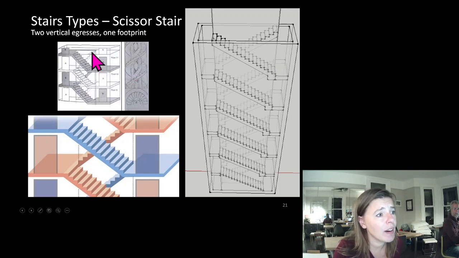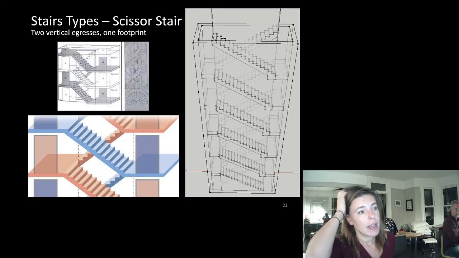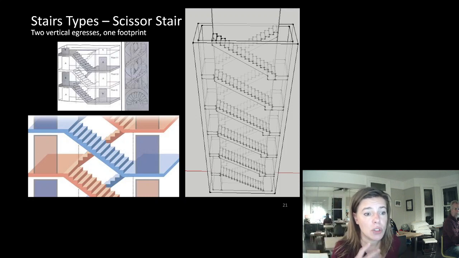Anyway, you can see here that for this stair, this floor you access over here, this floor you access over here, this floor you access over here, and this floor you access over here. For the other scissor stair, your access points switch locations. This is great because you get two stairs in one location.